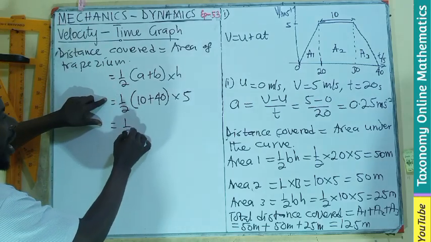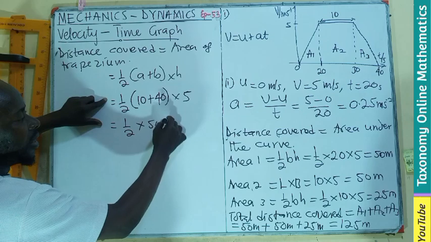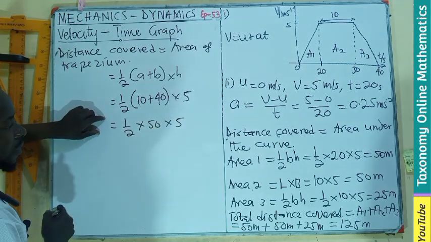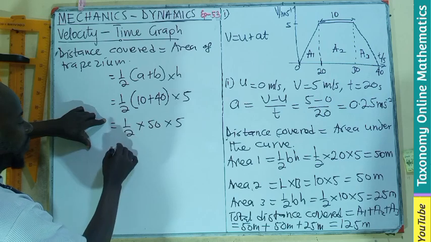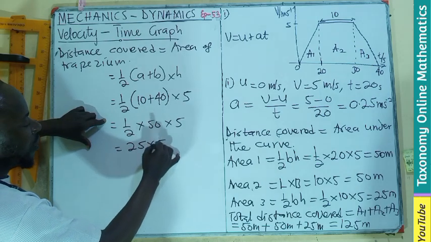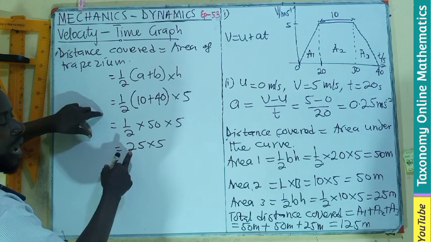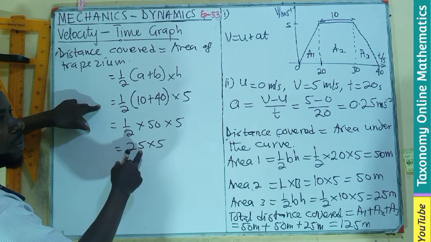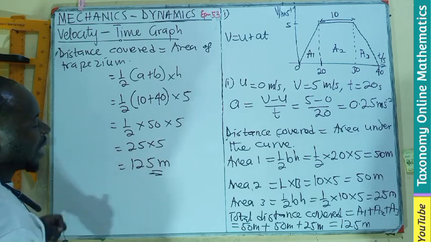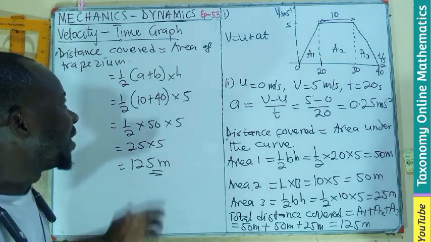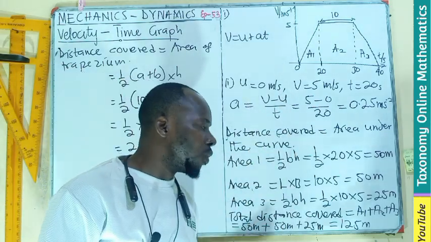So this gives you half of 50, which is 25. 25 times 5 gives us 125. So 125 meters becomes the total distance covered if we follow the trapezium rule.